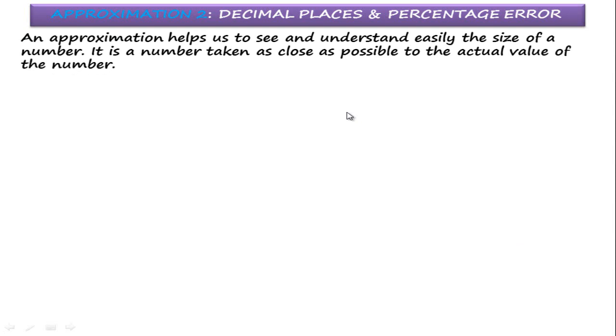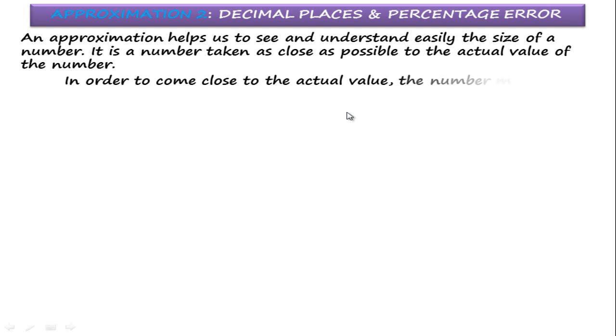Hi class, we are going on approximation 2, which is decimal places and percentage errors. An approximation helps us to see and understand easily the size of a number. It is a number taken as close as possible to the actual value of the number.